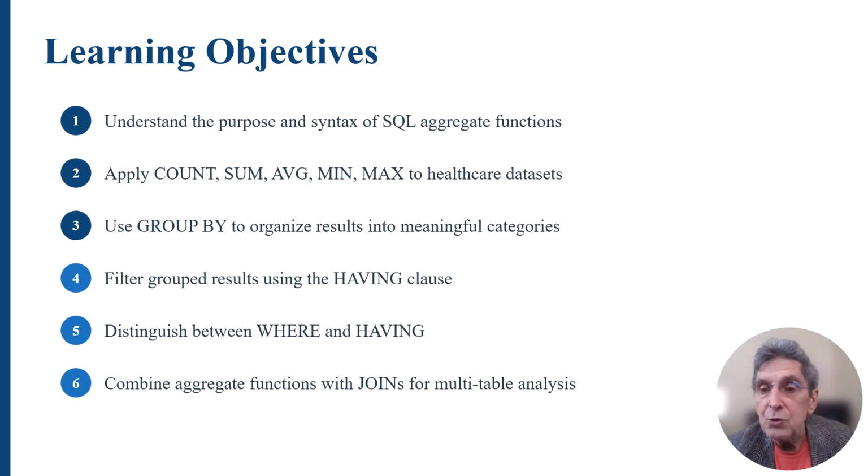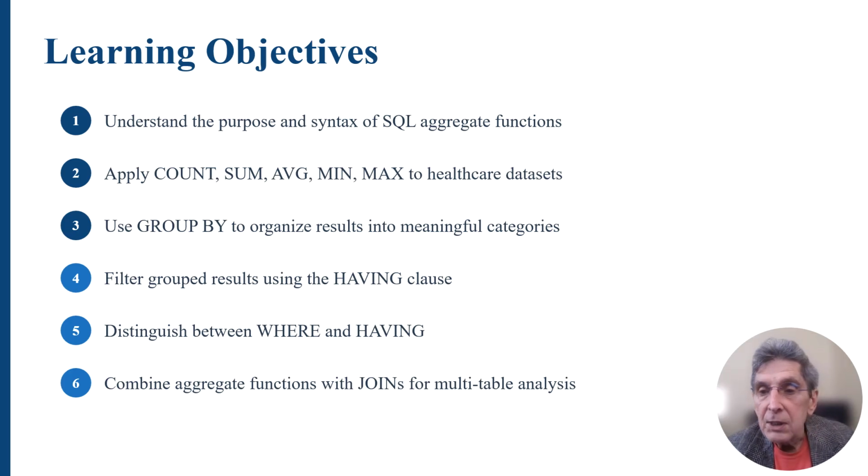Third, use group by to break results into meaningful categories or subcategories, such as by insurance type or provider. Fourth, learn how to filter those grouped results using the having clause.